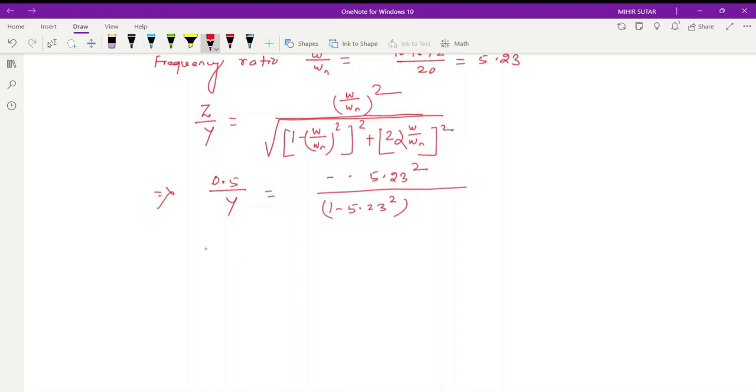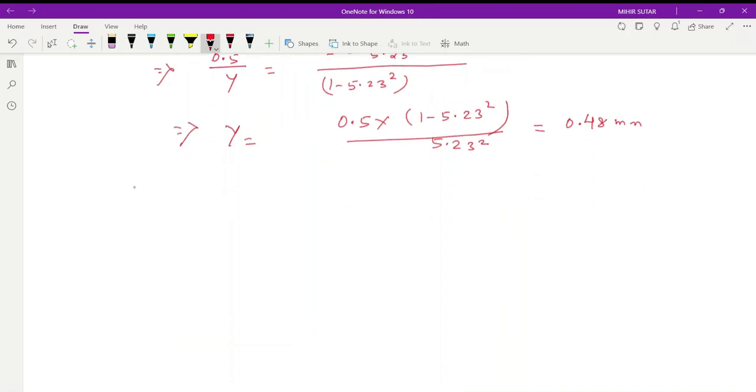So we have Y as 0.5 into (1 minus 5.23 squared) divided by 5.23 squared, which gives 0.48 mm.